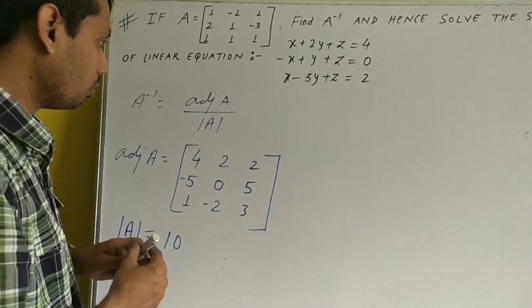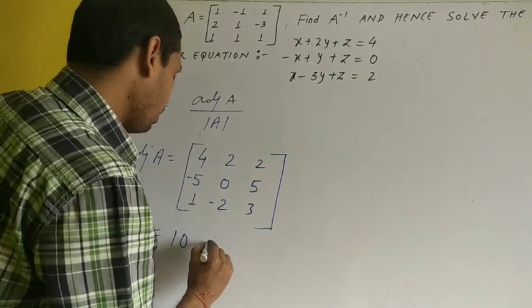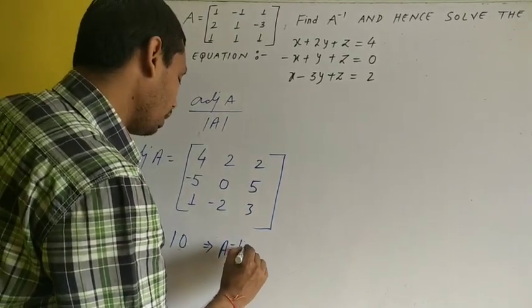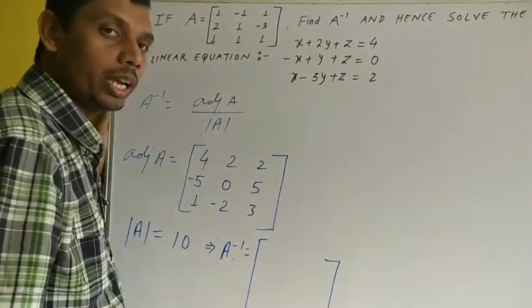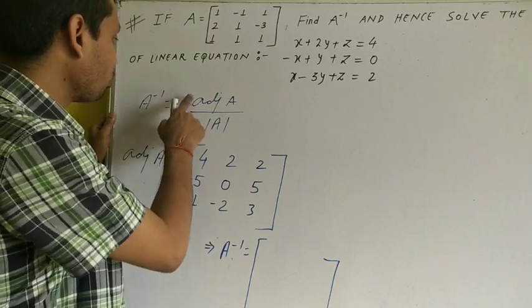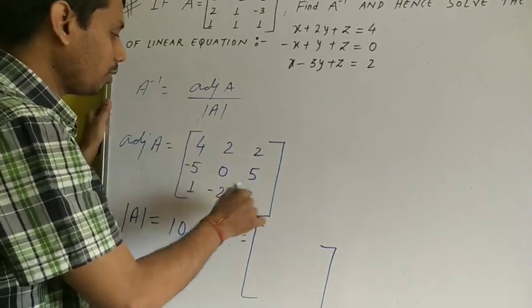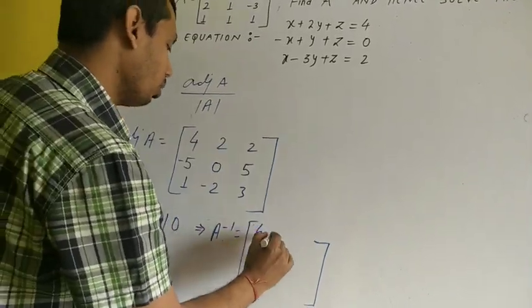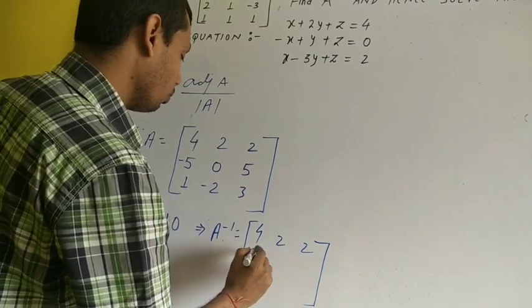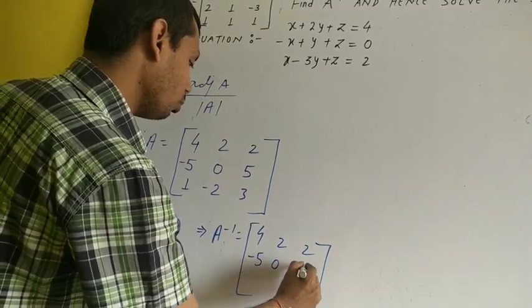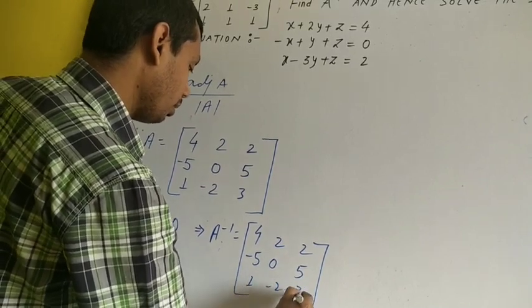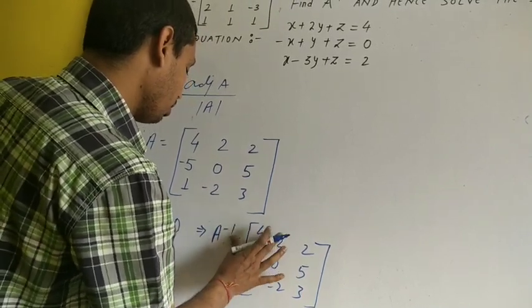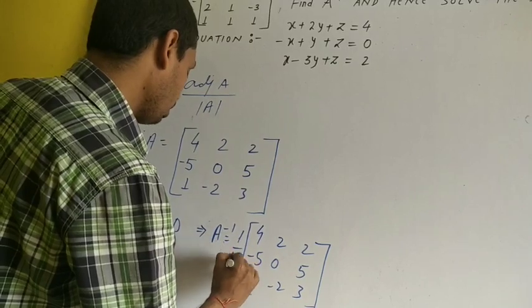Now this implies that the value of A inverse will be equal to adjoint A by determinant A. So this is our adjoint A: 4, 2, 2, minus 5, 0, 5, 1, minus 2 and 3, multiplied by 1 by 10.